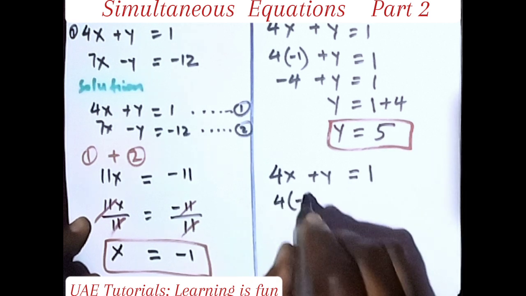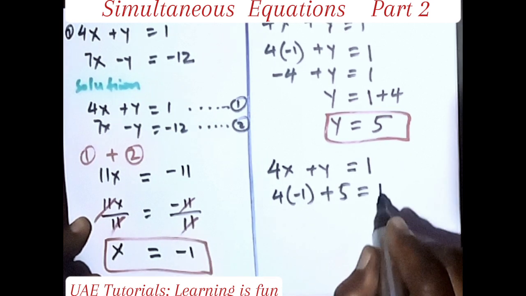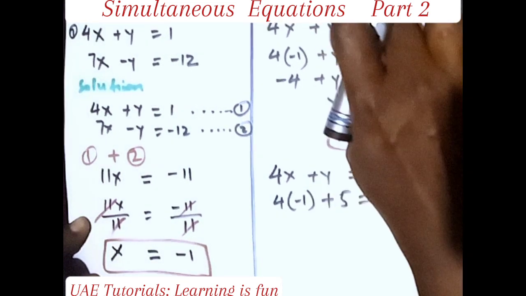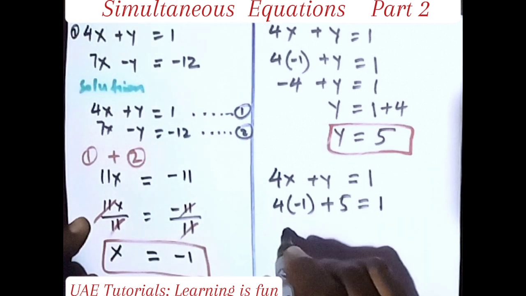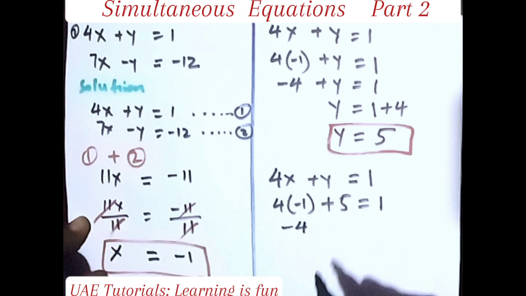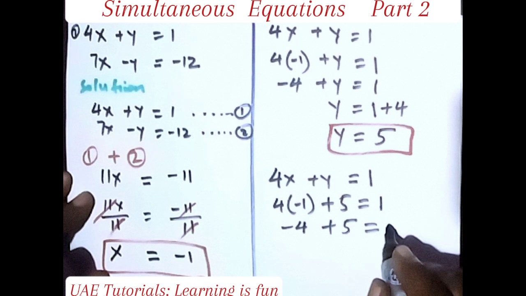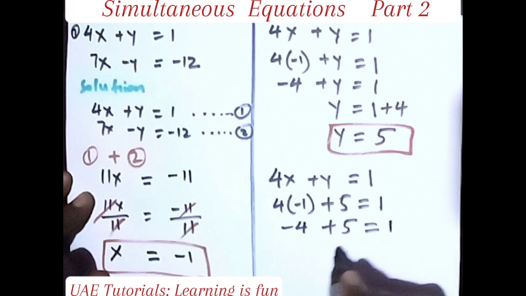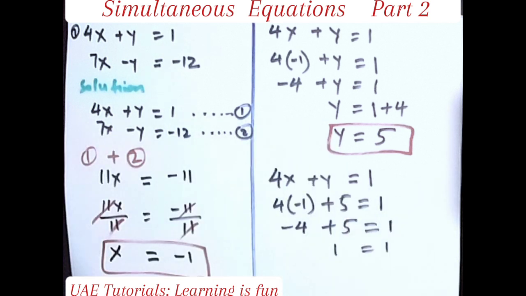So 4 times minus 1 plus 5, does that give us 1? That's the question that we want to answer. 4 times minus 1 is minus 4, plus 5. Of course, minus 4 plus 5 gives us 1, which equals 1. Hooray! So the two values we got satisfy this first equation.